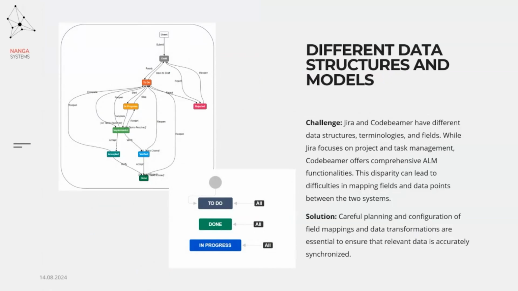You can have different steps in your workflows. You must map these things. And the solution is that your integration needs a good mechanism to create field mappings and also data transformations. This ensures that all relevant data is synchronized in a good way.